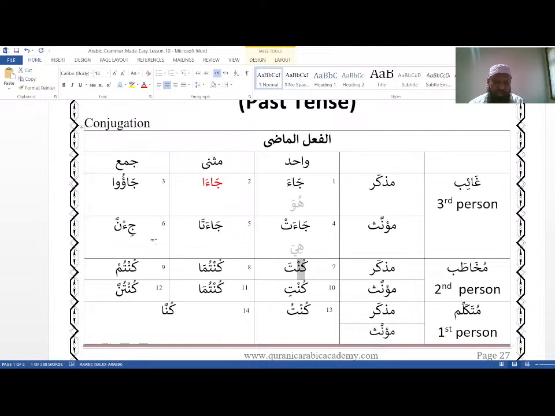Remember, from here the first letter will get a kasra. If it's from the group of nasara, the first letter will get a dhamma, and from the group daraba, or if you know the original was ya, then it will get a kasra. Ji'na.